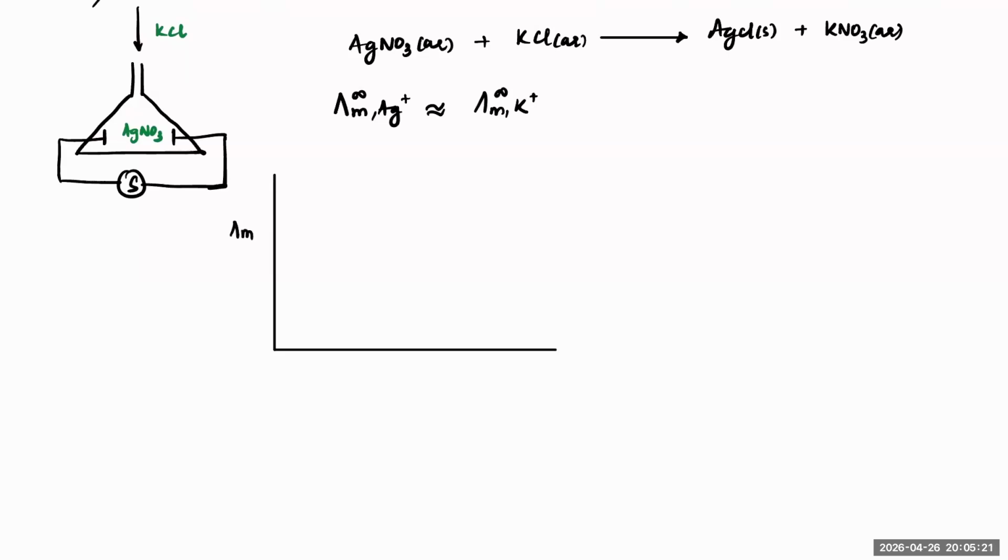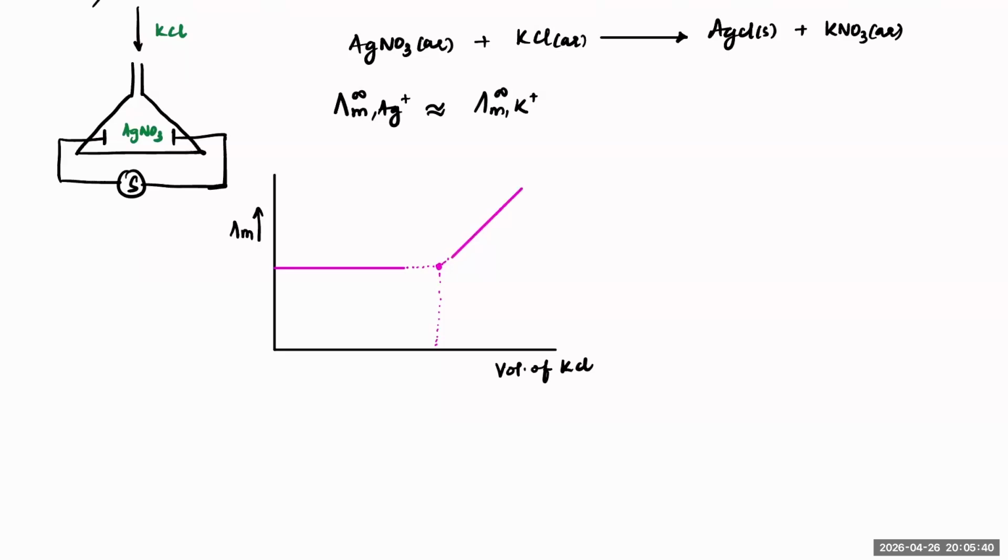So we will see lambda m versus volume of KCl added. In that case, initially you will hardly notice any change in the molar conductance. Then as it reaches the neutralization point, thereafter it increases. Why is it increasing?